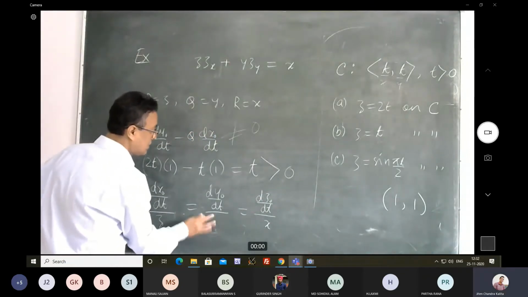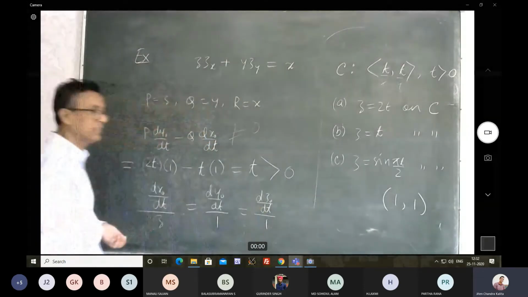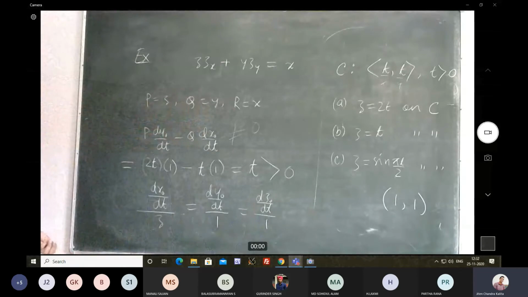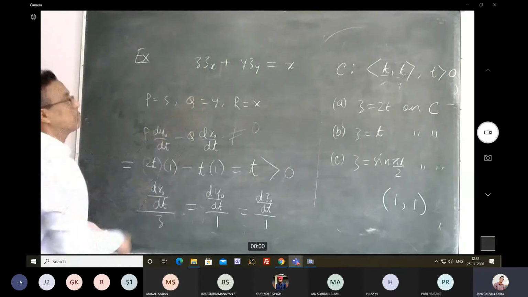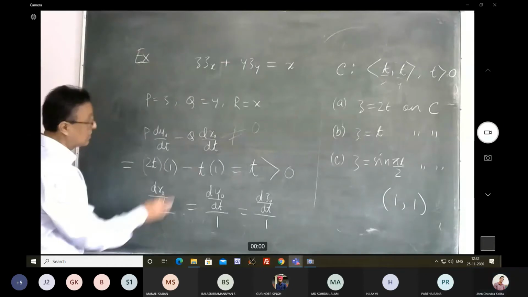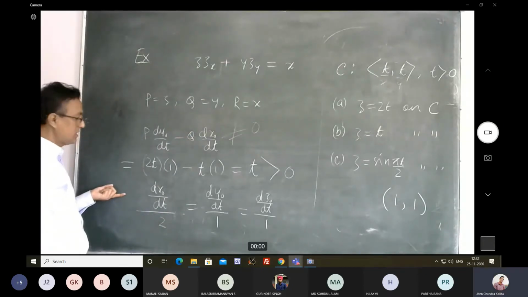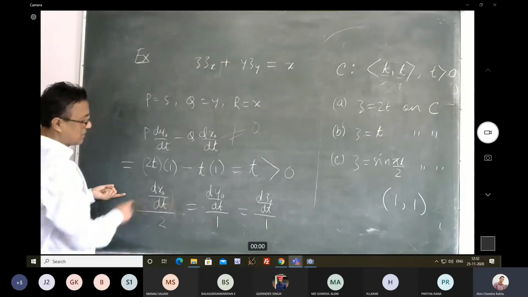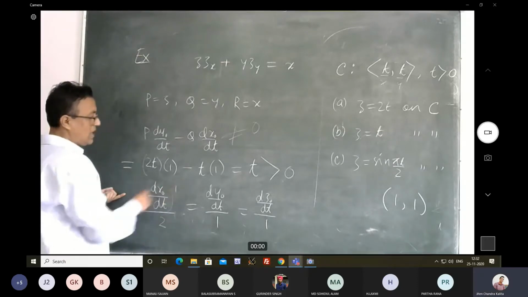These two I can write as 1, 1 at the point 1, 1. And j is now given by 2t, so in the second case it is going to be 2. And dx0/dt was 1.